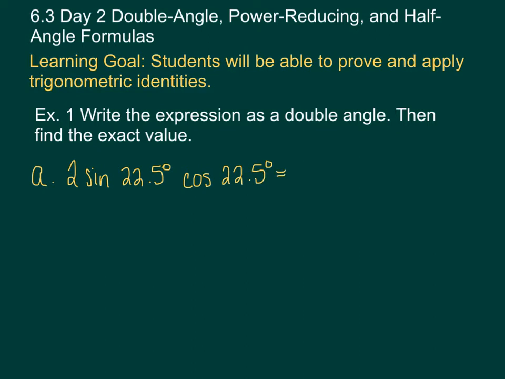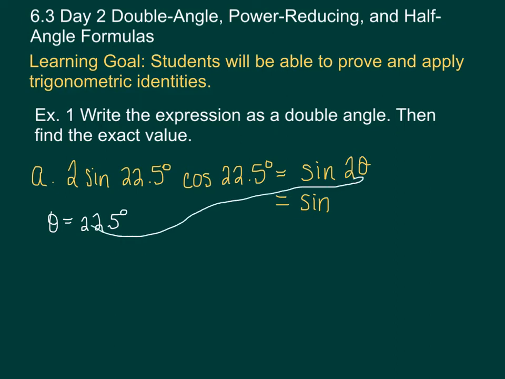Well, looking at our double angle formulas, this is the form of sine, or the double angle of sine. And so what we're going to do is, since this equals sine times 2 times the angle, and our angle in this case is 22.5 degrees, I'm just going to take that and plug it in for theta.